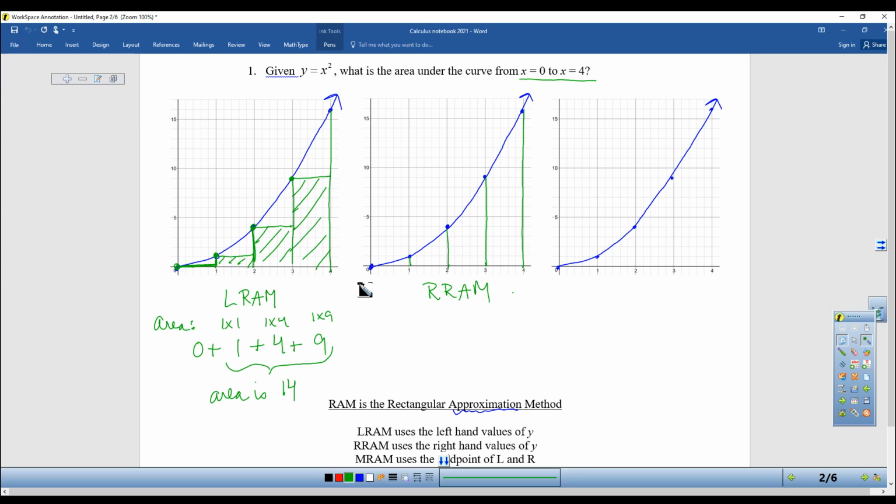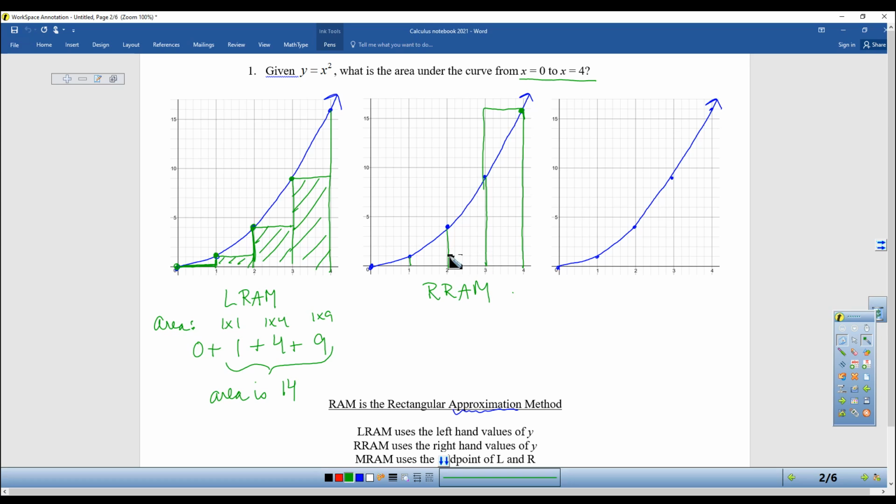It says we're going from 0 to 4. I'm just going to do 4 rectangles. Now, the top of your rectangle is going to be guided by the right-hand side of the rectangle touching the curve. So I'm going to make a rectangle where this side is what determines where the rectangle goes. So it's going to go like that.